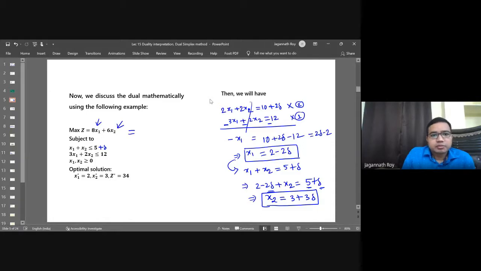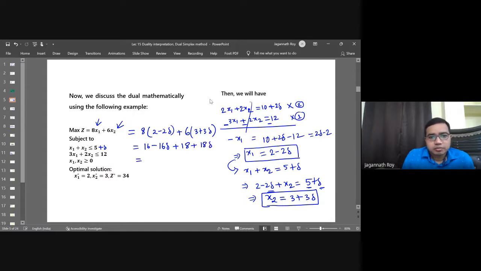So this will become 8 times 2 minus 2 delta plus 6 times 3 plus 3 delta. If you just calculate it, this will become 16, sorry, not plus, negative 16 delta plus 18 plus 18 delta.